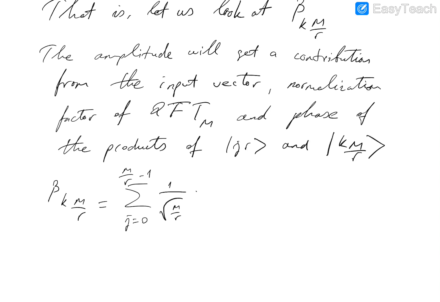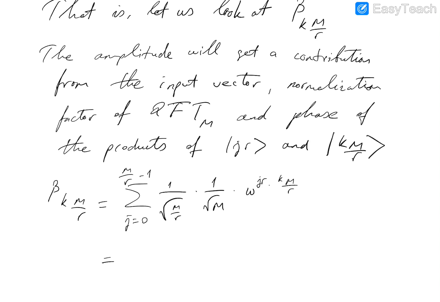Then we have the normalization factor of the quantum Fourier transform, and that's 1 over square root m. And then we have the phase values, the product of the phase values of jr and km over r. So omega to the power jr times km over r.